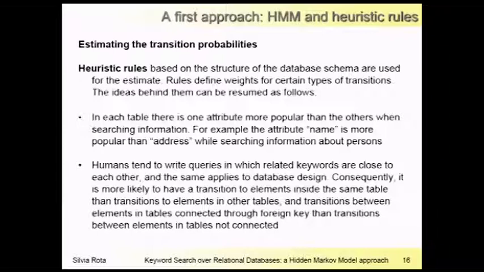First, in each table there is one attribute more popular than the others when searching for information. For example, the attribute name is more important than others when searching for information about persons. It's a very simple example. If you want to find information about a person, you don't search by his address, but you put his name. This is very common sense of what people usually do.